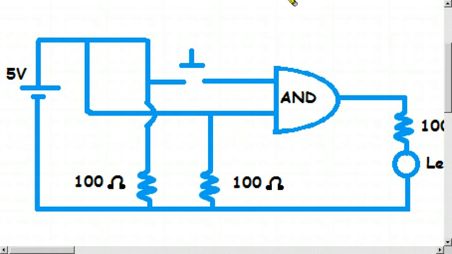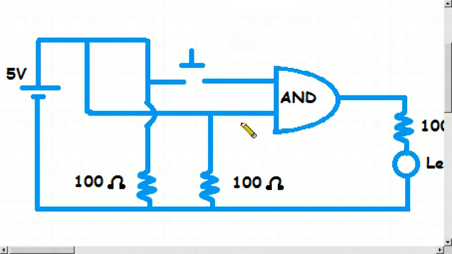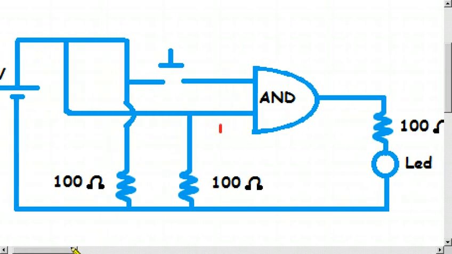Already we have given one of the inputs of this AND gate logic 1. You can see from this resistor the ground is connected and the positive side is connected from the battery directly. So here the logic level is 1.